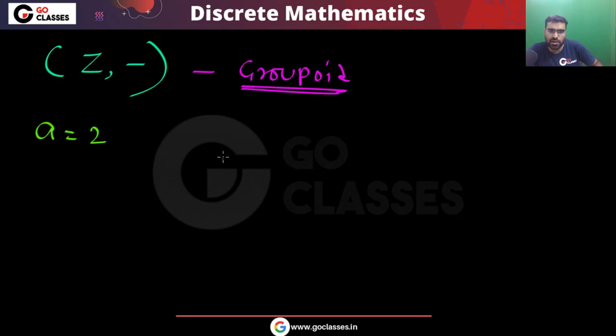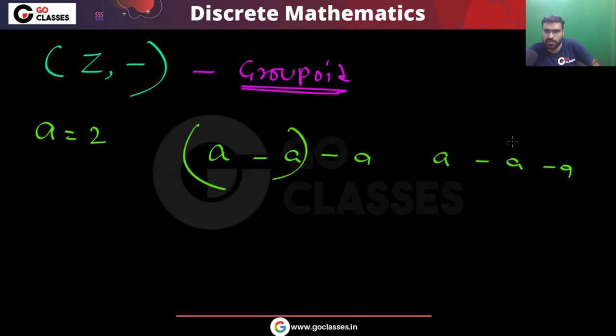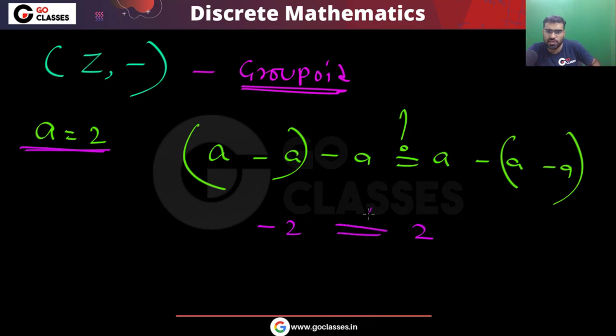Is (a minus a) minus a the same as a minus (a minus a)? Here 2 minus 2 is 0, and 0 minus 2 is minus 2. On the other side, 2 minus 2 is 0, and 2 minus 0 is 2. So these expressions are not the same.